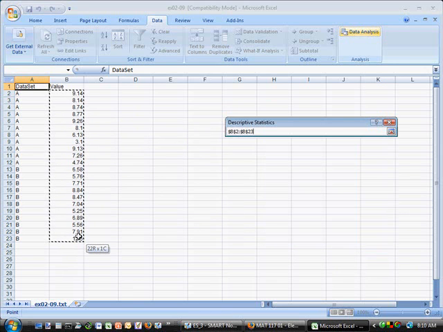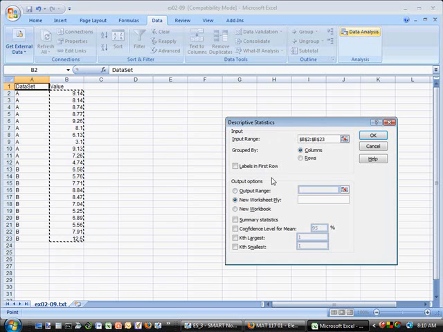While the cursor was flashing in that top bar, you can see it grabbed it here. That's good. Click on an output range, and then make sure you click in this tab to the right of it. While that's there, choose a spot for your report. I always like, I don't know, stick it out to the right. Make sure you check Summary Statistics, and then click OK. That should be enough. It wouldn't do anything.